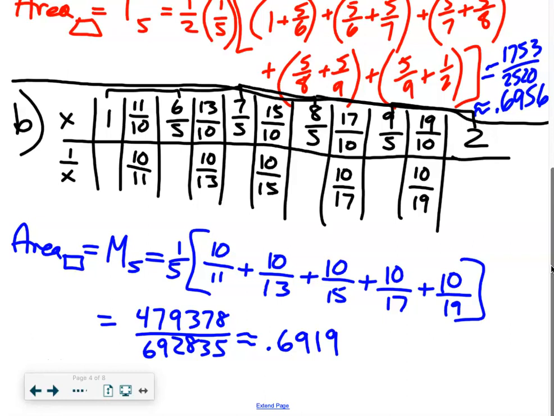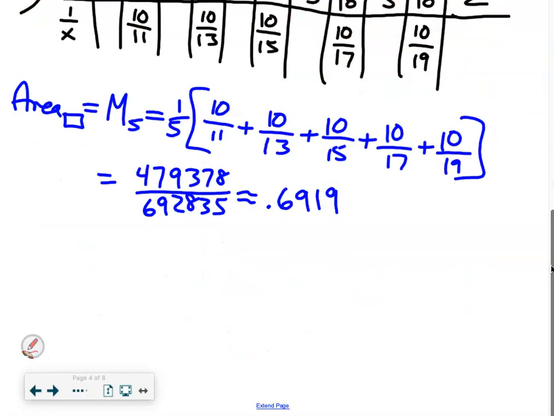Part C says calculate the exact area. Like actually do the integral. So for part C, it was the integral from 1 to 2 of 1 over x dx. No calculators.